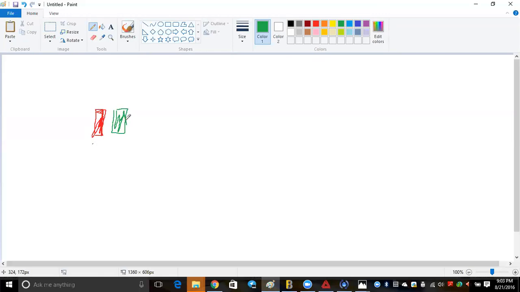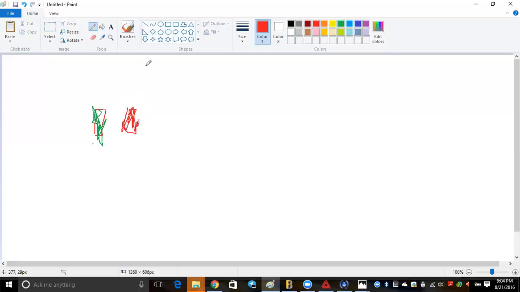Oh, I did it wrong. Okay, so this is a green bar. Pretty cool trick. This is a red bar.